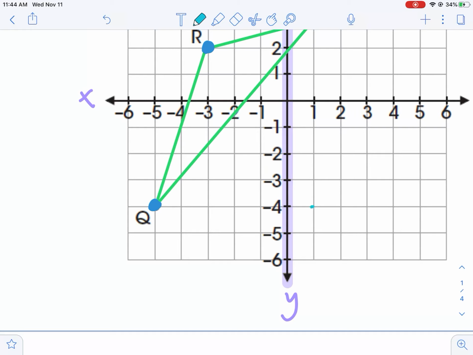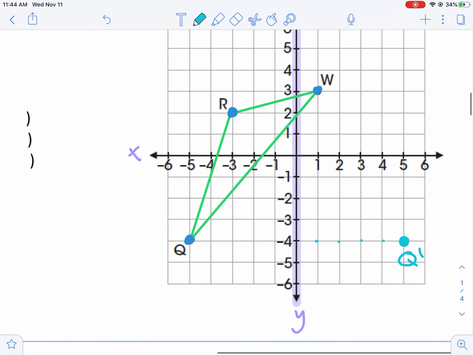So I'm going to count 1, 2, 3, 4, 5. All right. I count that R is 1, 2, 3 away. So I'm going to count 1, 2, 3 away for R prime. And then W is on the other side of the y-axis to start, so it is 1 away. So we're going to go 1 away in the opposite direction to get W prime.